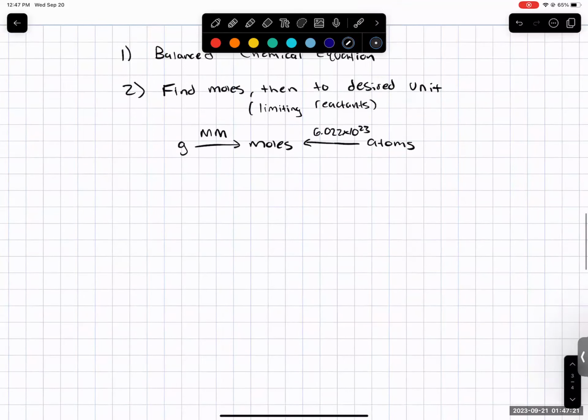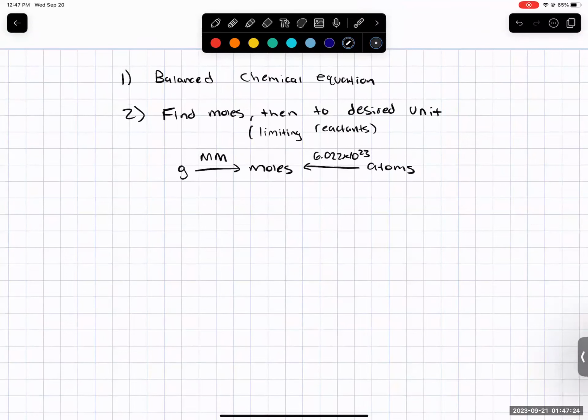And the last way, which is maybe new to y'all, is using molarity, because molarity equals moles divided by volume in liters. So there's 3 ways you're going to see it on an exam question. There's no other way. So remember, find your moles and then convert to the moles of the desired whatever it is.